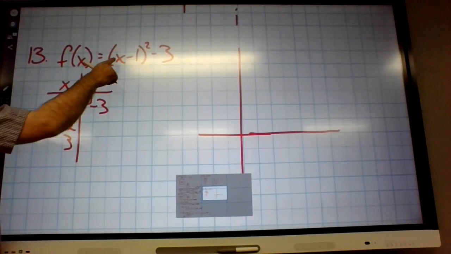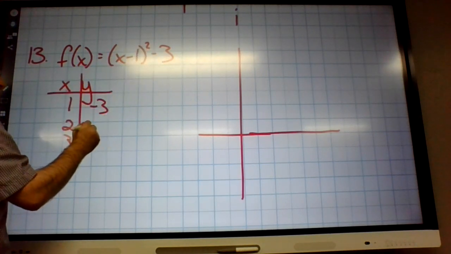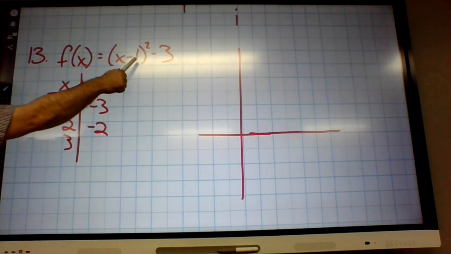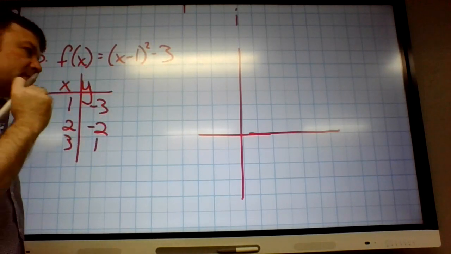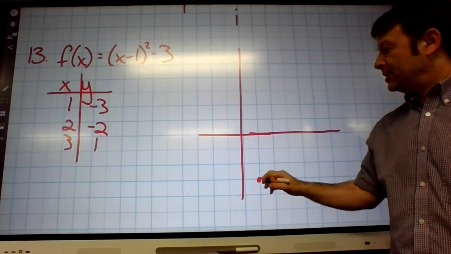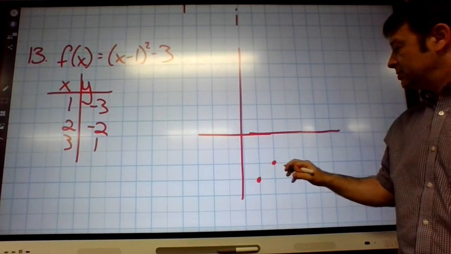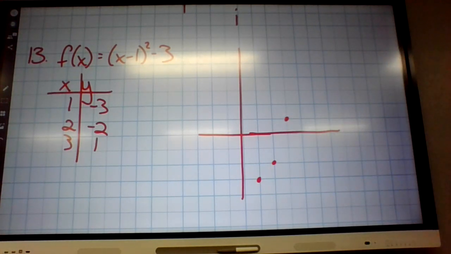If I plug in 2, 2 minus 1 is 1. 1 squared is 1. Minus 3. 3 minus 1 is 2. 2 squared is 4. 4 minus 3. So (1, -3), (2, -2), (3, 1). You guys kind of getting a feel for how these go after yesterday?